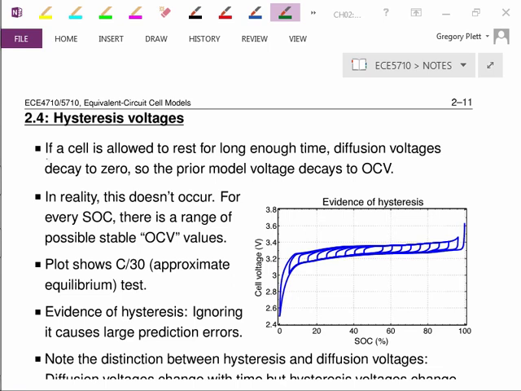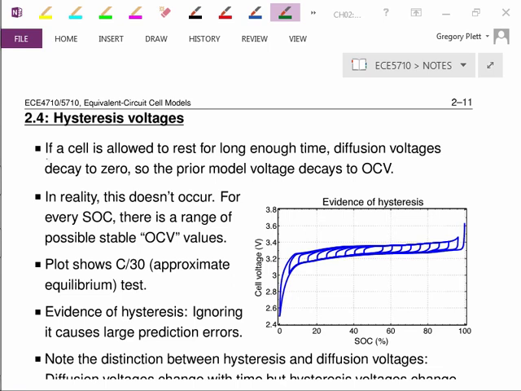But there are some things that it is missing that become important if we have a very high requirement of accuracy in some kind of an application, such as estimating state of charge in a hybrid electric battery system.